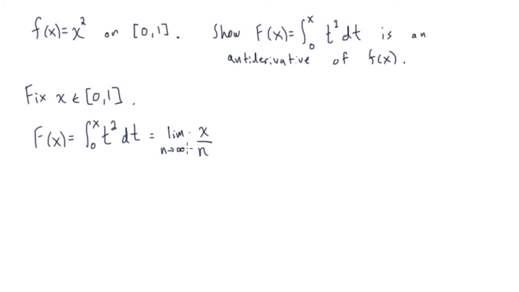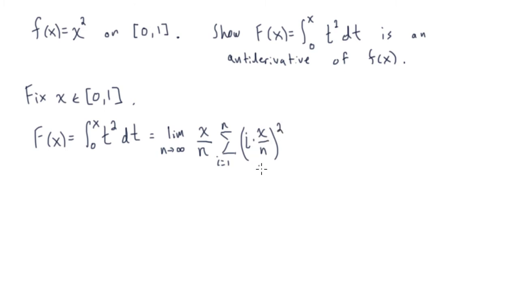So each rectangle has base x over n, and then the ith rectangle has height i times x over n, squared. Okay, so for the ith rectangle, the right endpoint, I just need to count over i factors of x over n.